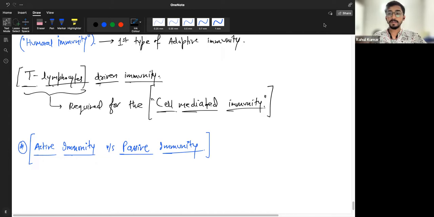When does our B lymphocytes produce antibodies? Whenever there is an infection, whenever there is a pathogen that enters our body, our B lymphocytes produce antibodies against that pathogen. Okay, is it clear? Antibodies are only produced after an encounter, after an exposure to the pathogen.